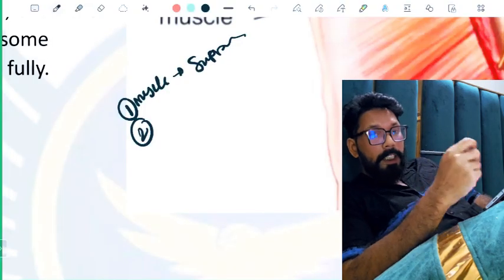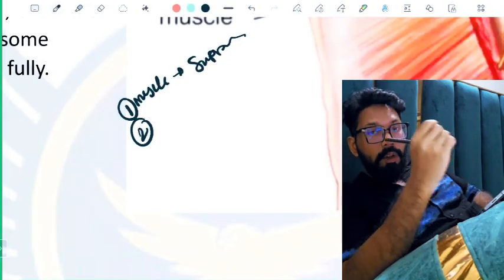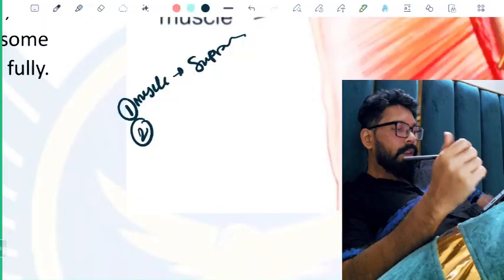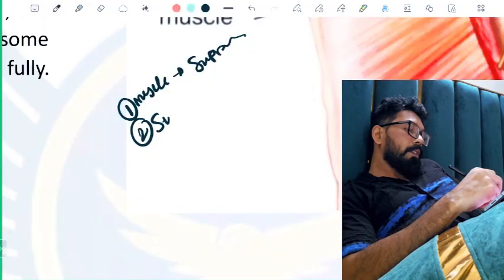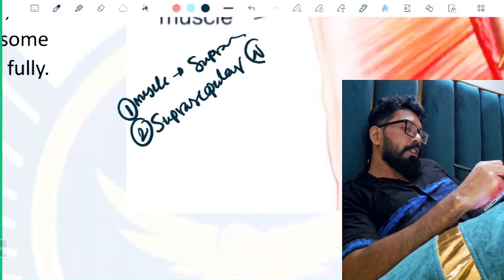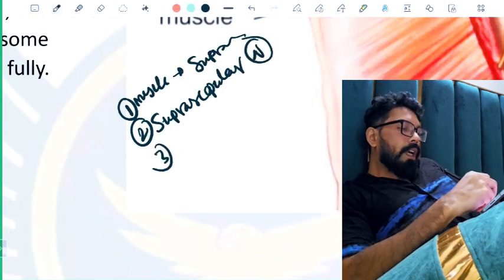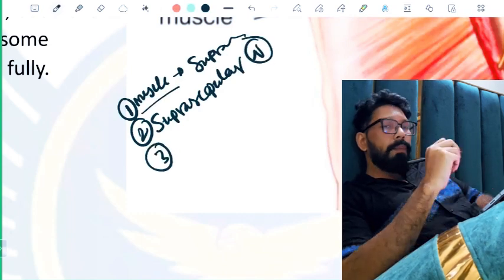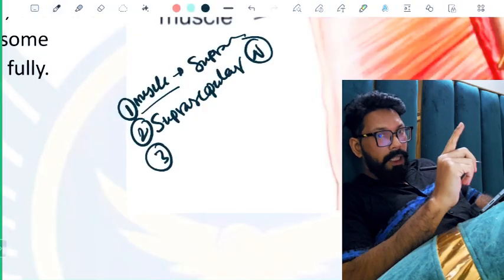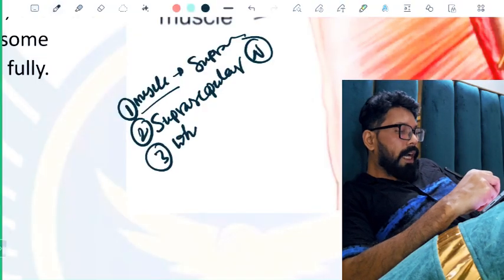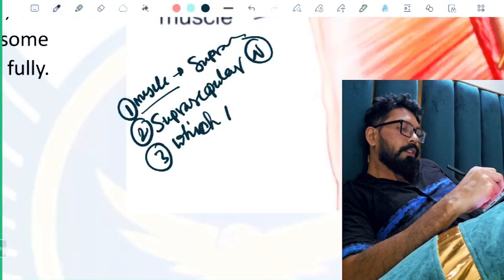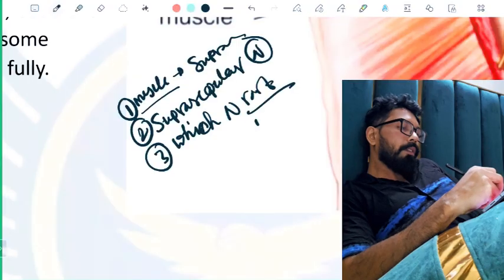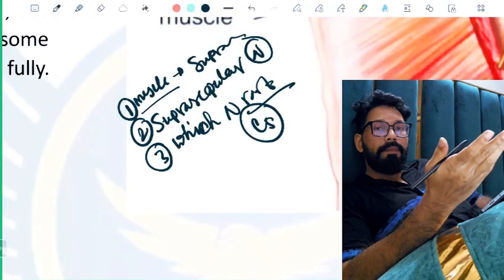Why is this muscle paralyzed? Because the nerve is not working. Simple. So, which nerve? Suprascapular nerve. Now, third question: a person cannot initiate shoulder abduction. Which nerve root might be involved? Simple, C5. Easy.